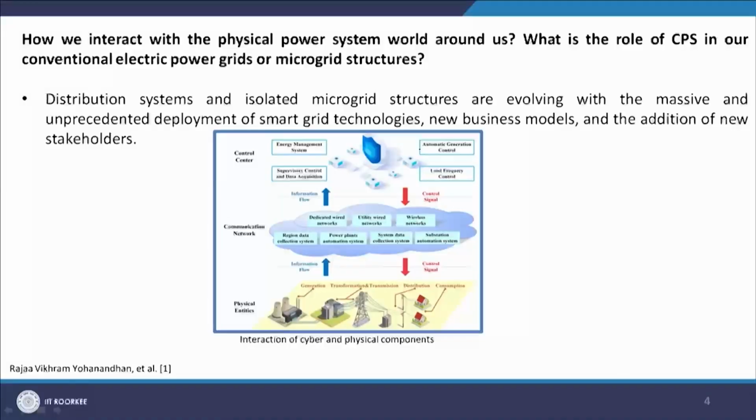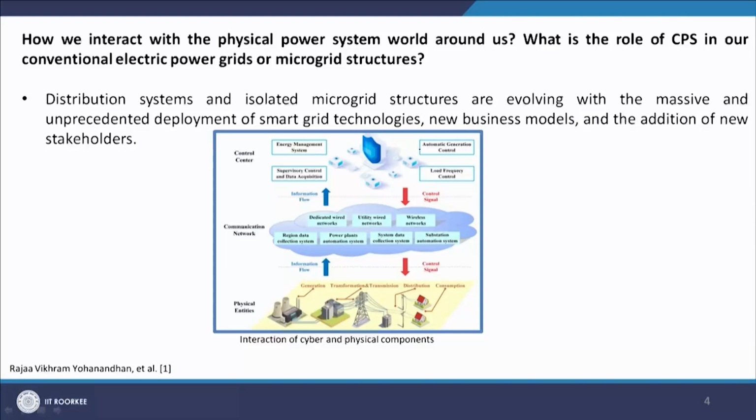How do we interact with the physical power system world around us? What is the role of the cyber physical system in our conventional electric power grids or microgrid structures? First of all, we need to understand why it is important to have a cyber physical layer embedded with my physical system, and if it is important, then what would be its structure.